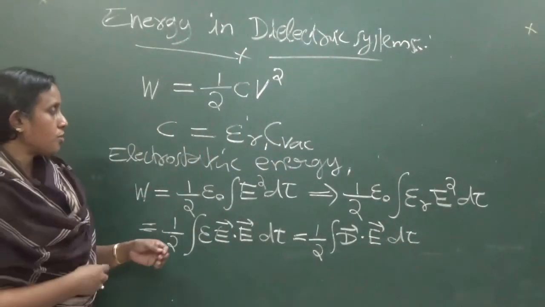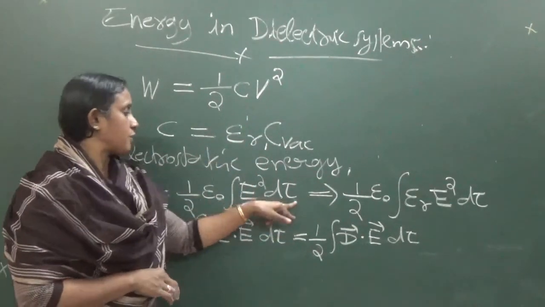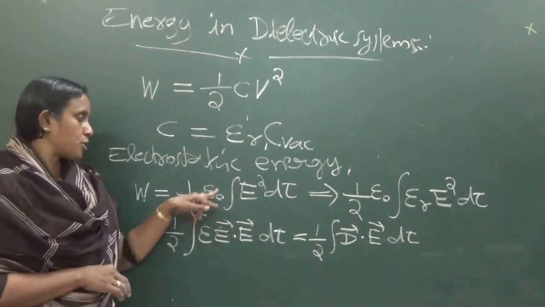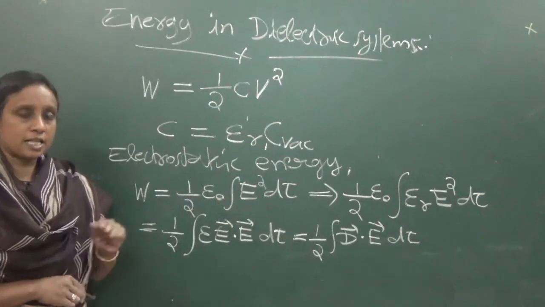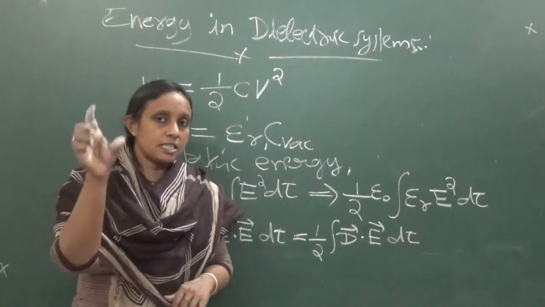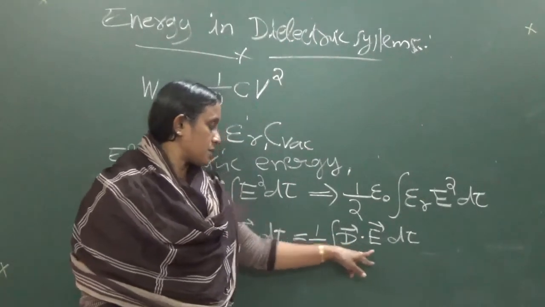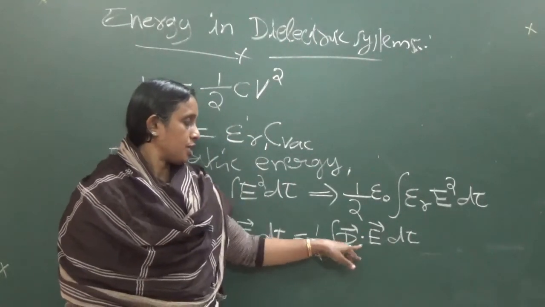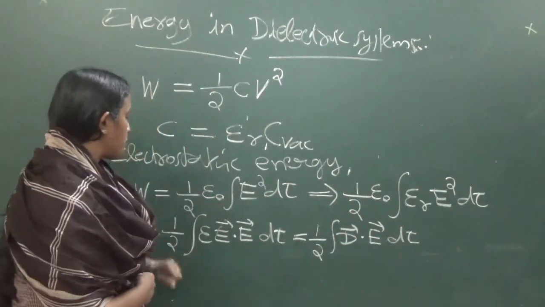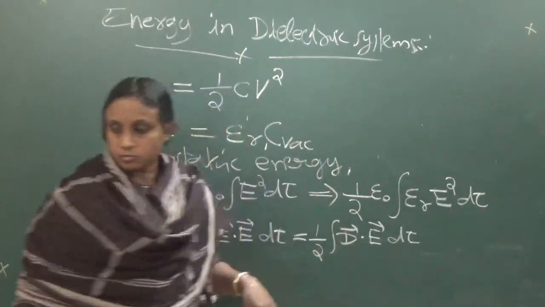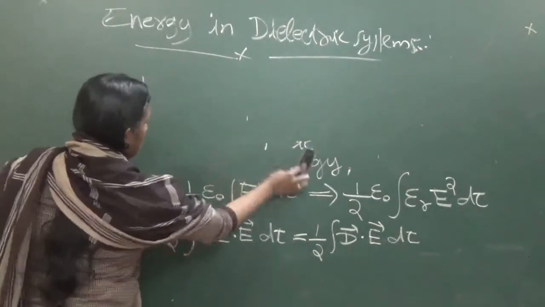So the energy in the absence of dielectric is given by half epsilon 0 integral E square d tau. But in the case of a dielectric medium, if the dielectric is homogeneous, isotropic and linear, it is given by half integral D dot E d tau. So there are two equations for energy.